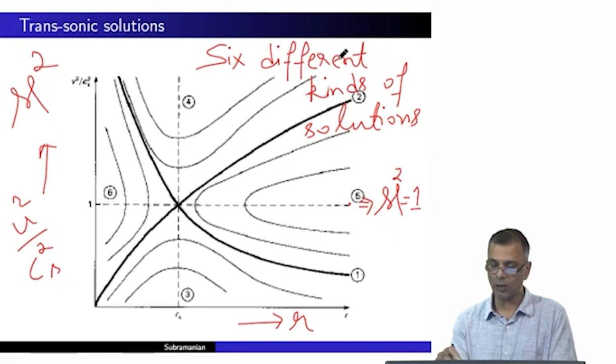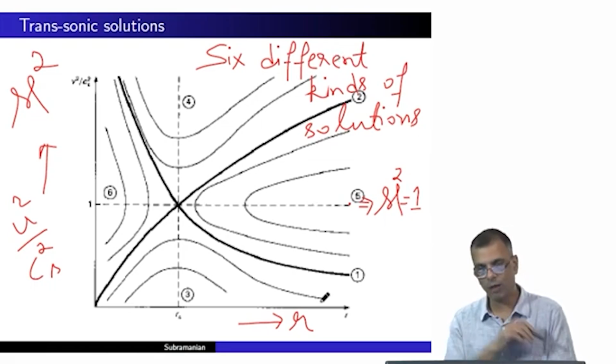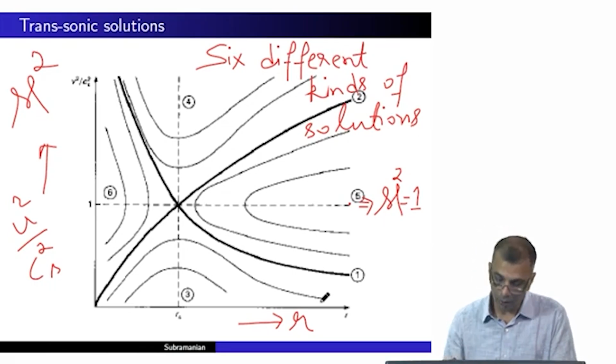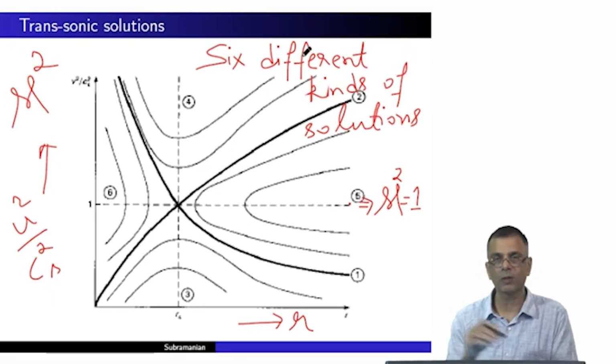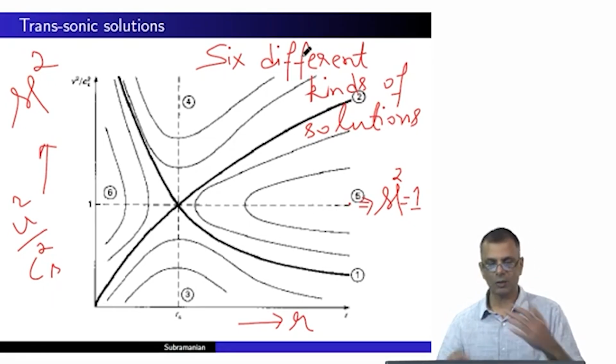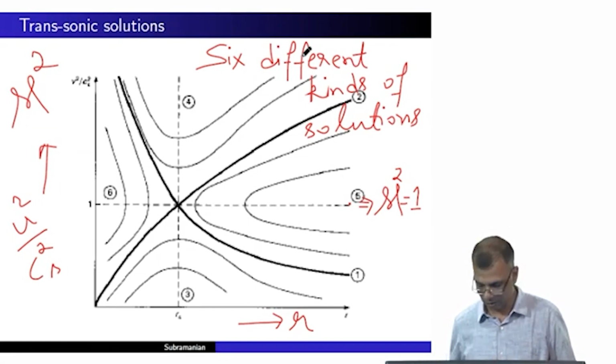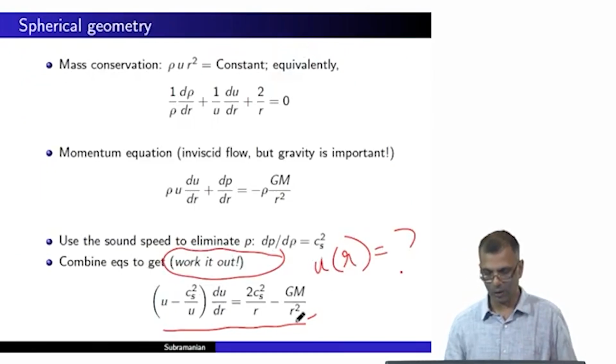So upwards of here you have supersonic flows, downwards of here you have subsonic flows, with the sonic point in between. So this represents a parameter space of acceptable transonic solutions to this equation here.